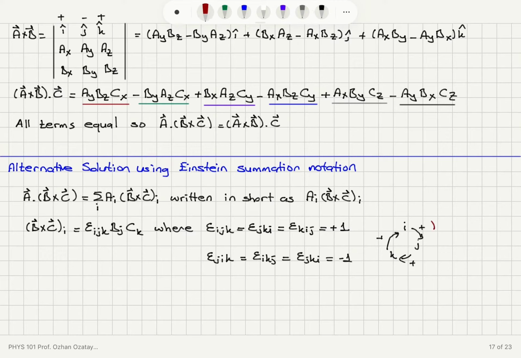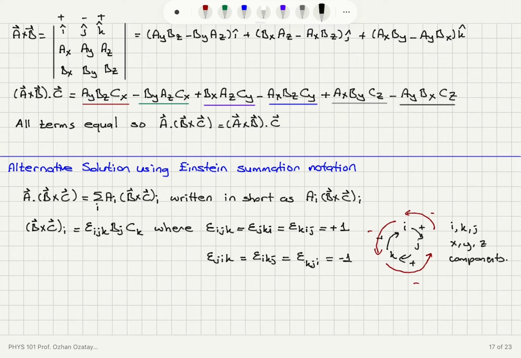This is negative. So that is counterclockwise direction. So these i, j, and k represent x, y, z components. Okay? So i can be x, y, or z, j can be x, y, or z, k can be x, y, or z. So they represent the components.